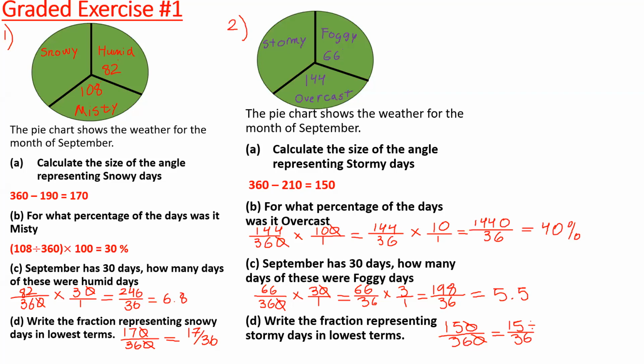So 15 divided by 3 is 5. And 36 divided by 3 is 12. So the answer is 5 over 12.